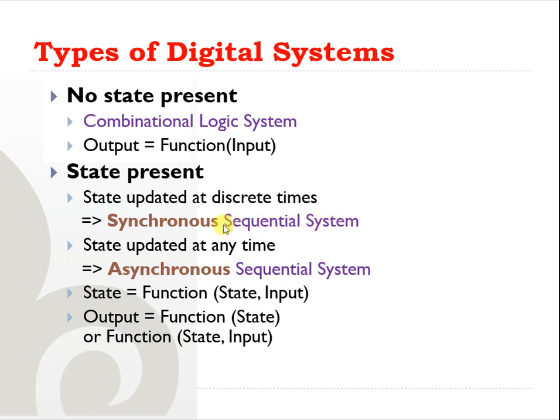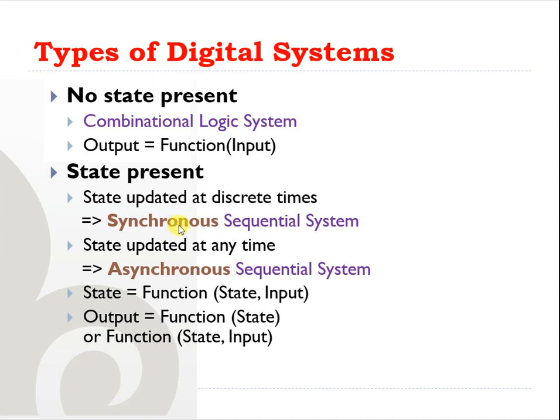The sequential systems themselves are divided into two main categories: the synchronous sequential systems and asynchronous sequential systems. In the case of synchronous sequential systems, the states and the outputs will be updated at discrete times. So at some given discrete time, the state of the system will be able to change.